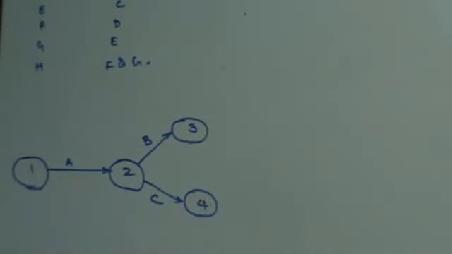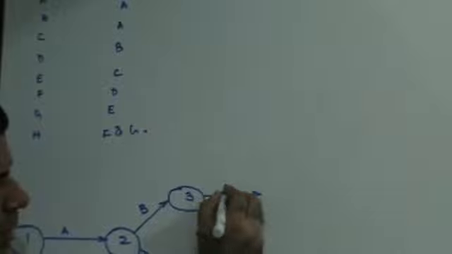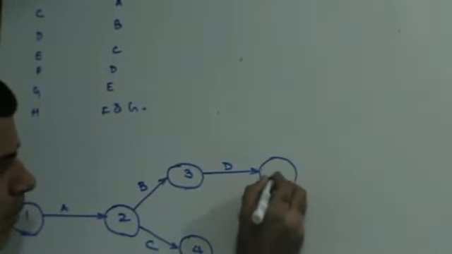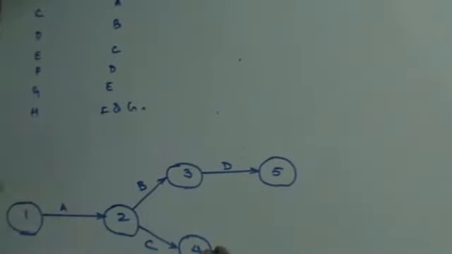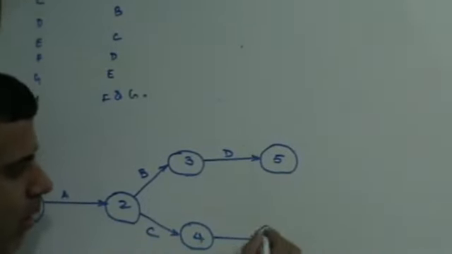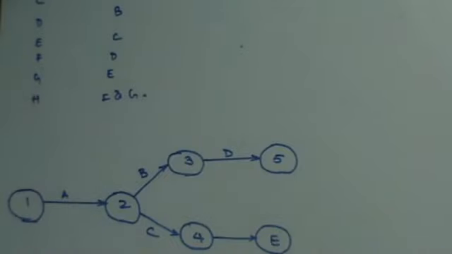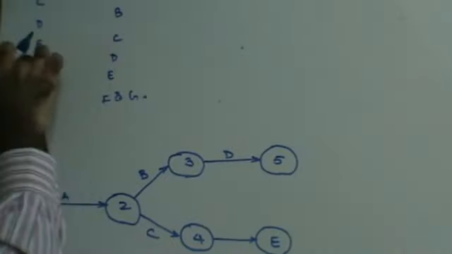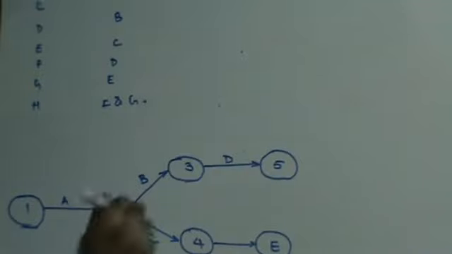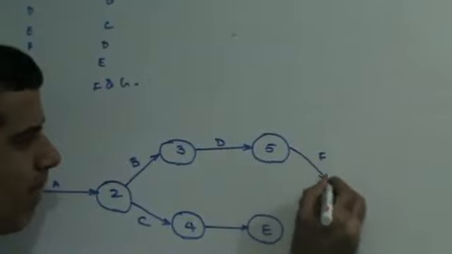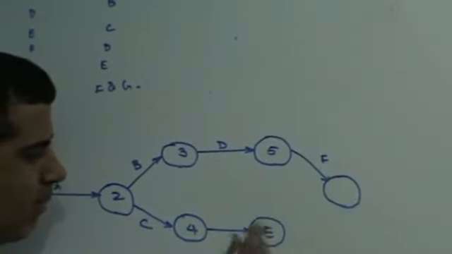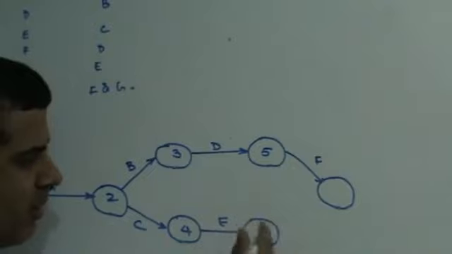4. Fine. Now after B you have activity D. B leads to D, 5. C leads to E. D leads to F. This was E and this is going to be say 6.